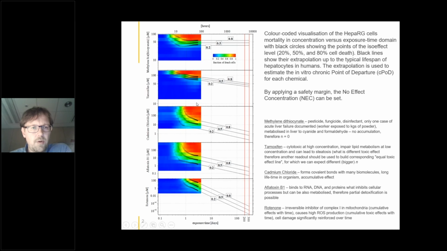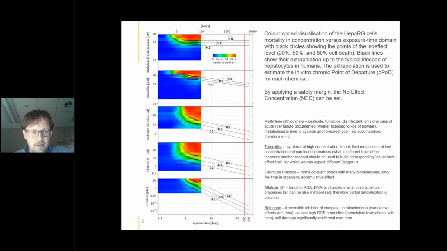So in this way, you can extrapolate the point of departure and get the chronic point of departure, and then you can apply some safety margins, and you can get even the no effect concentration, which is interesting for some fields of toxicology.